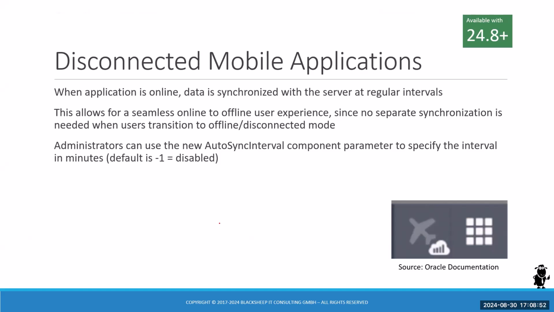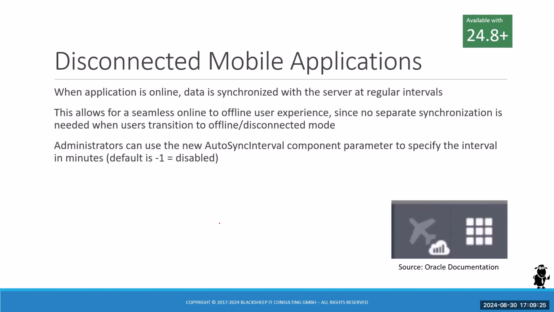Siebel Remote is still a thing. The disconnected mobile applications do not have a real relational database on your phone, but the data needs to be synchronized when you go offline. And as it was before 24.8, that synchronization had to be done right before you go offline. That was a little bit counterintuitive to most users I worked with, as they are expecting to go offline and everything is there, right?